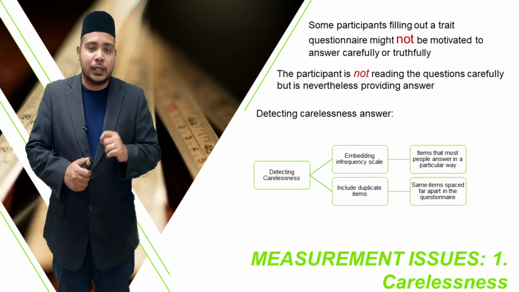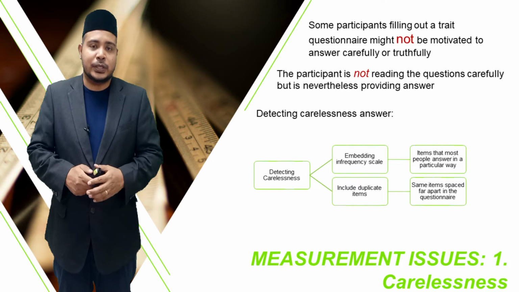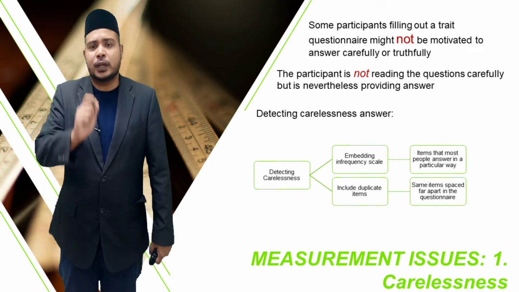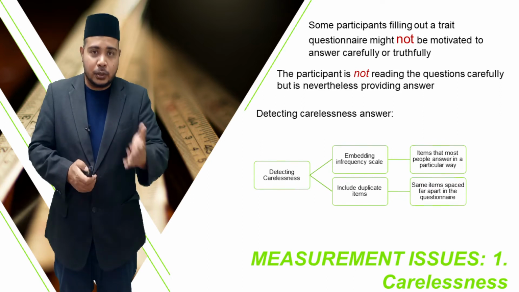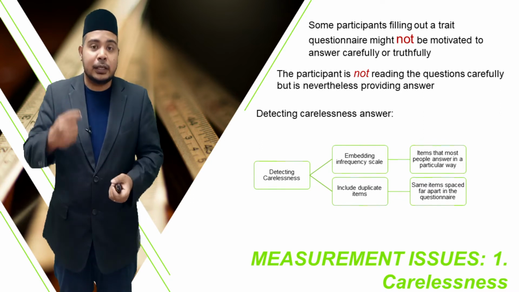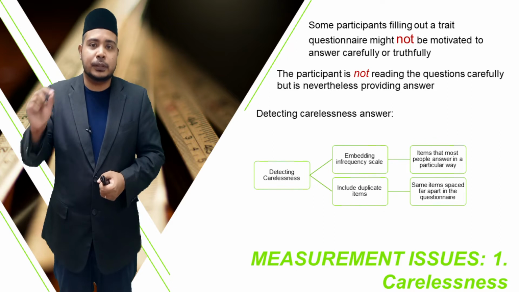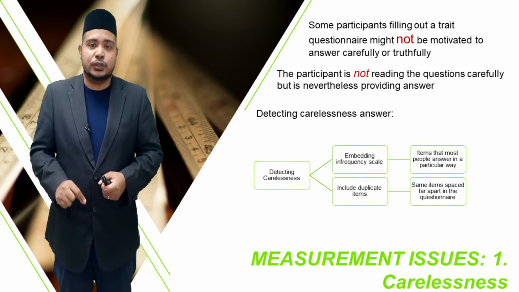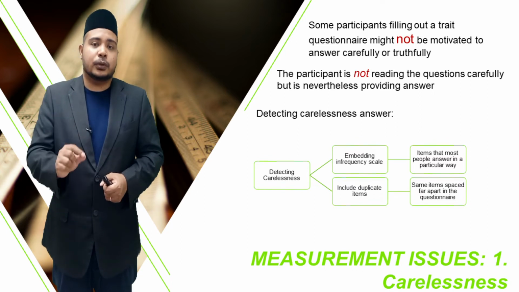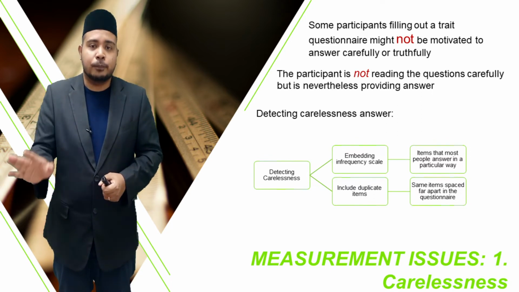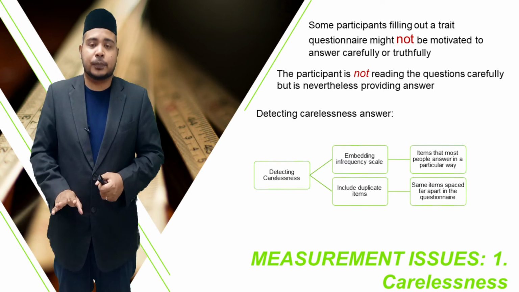So you include this infrequency scale just to make sure that when your respondent answers your agreeableness scale, they really pay attention. If, say for example, they answer it wrong, it shows that they don't pay attention when they answer your scale. So you probably have to omit or reject their answer.